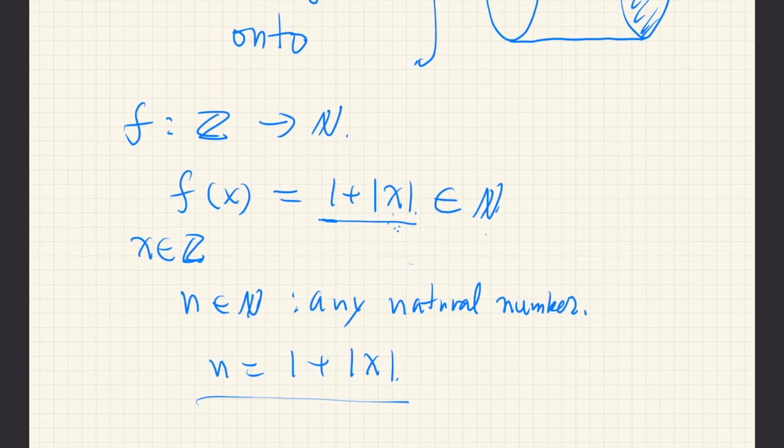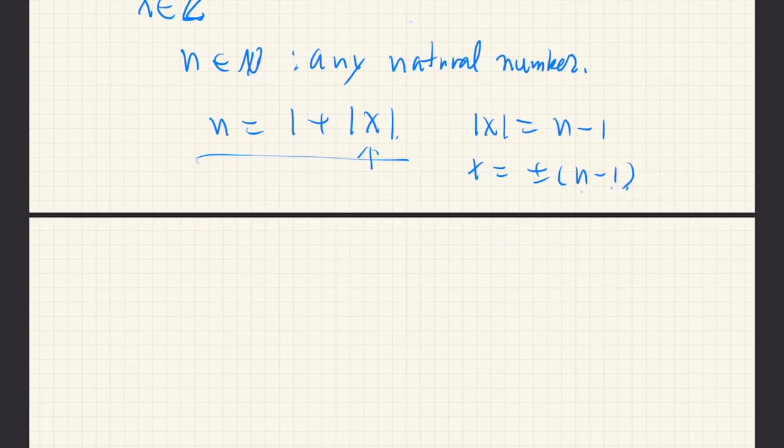Of course, it's possible. From here we have x = n - 1, so x is equal to plus or minus (n - 1). Either the negative of n - 1 or the positive n - 1 can serve as this x. So two values of x are mapped to the same natural number. So this is a surjection.